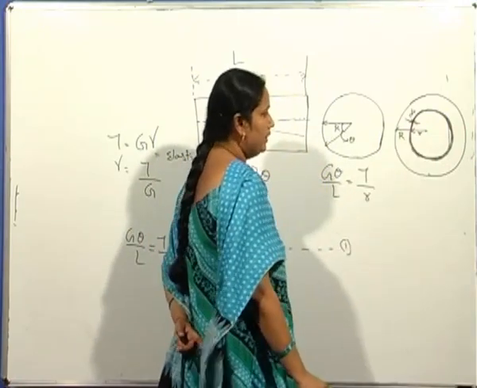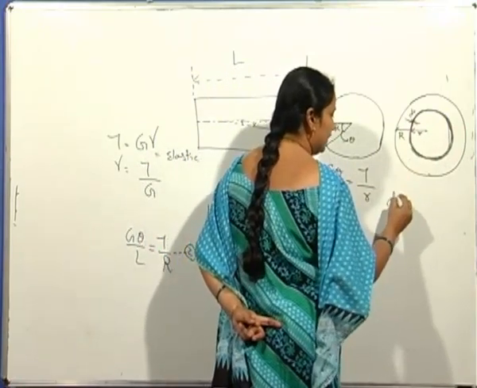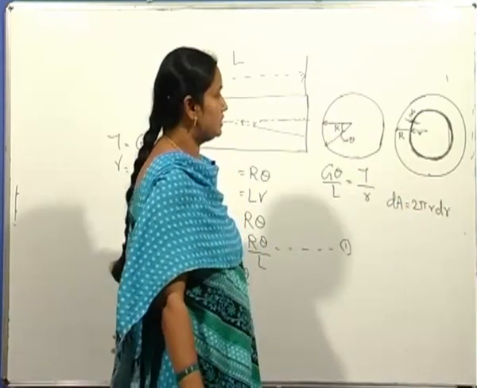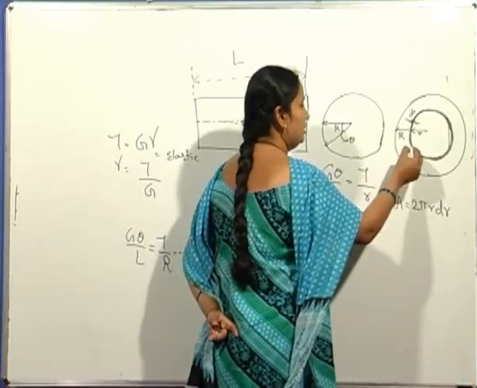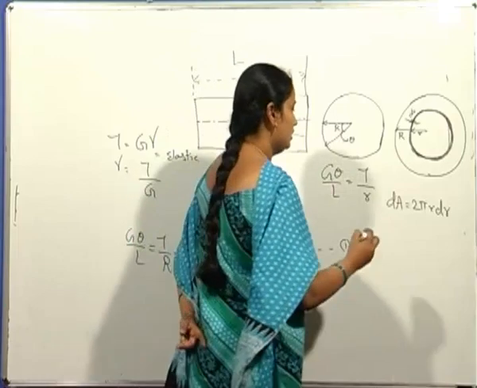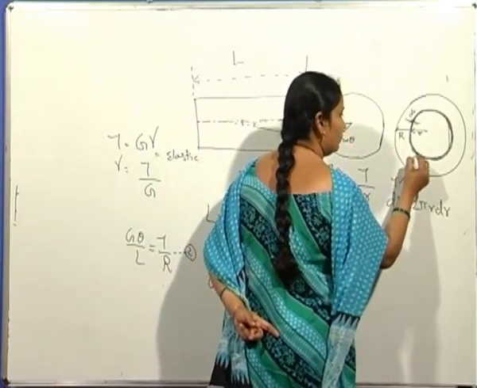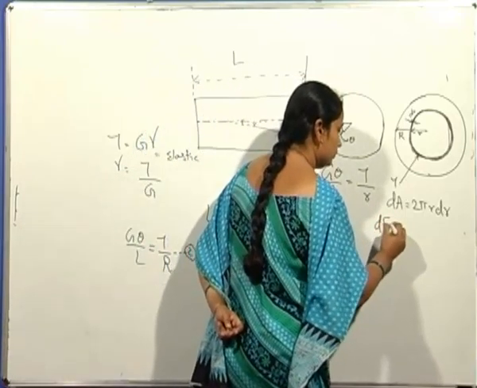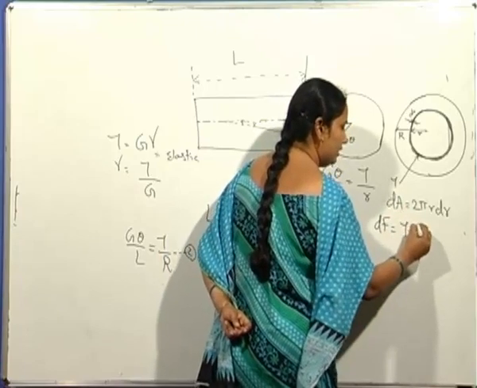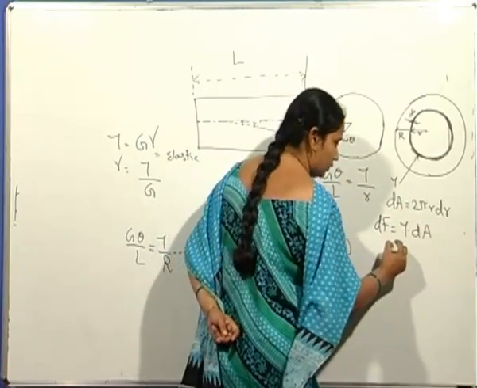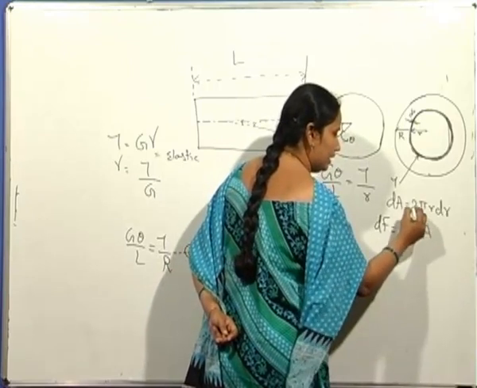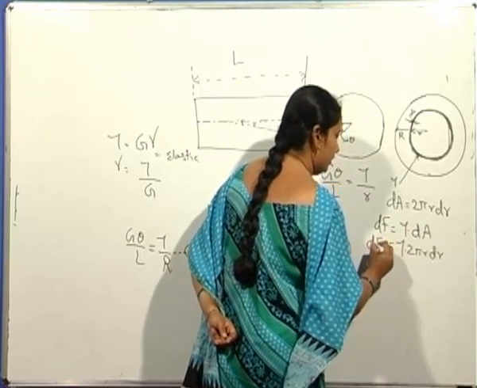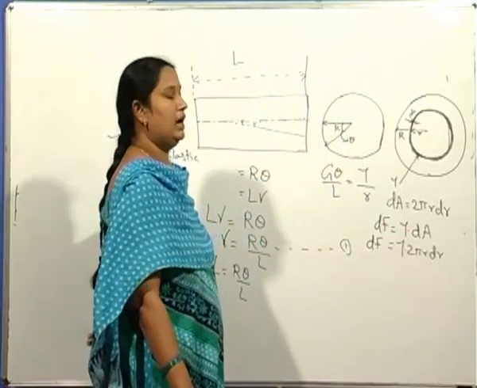The elementary ring of area dA is given by 2 pi r dr. The shear stress tau acts tangential to this ring. So the force dF is equal to tau into dA, where the area of the ring is 2 pi r dr. So dF is equal to tau into 2 pi r dr.